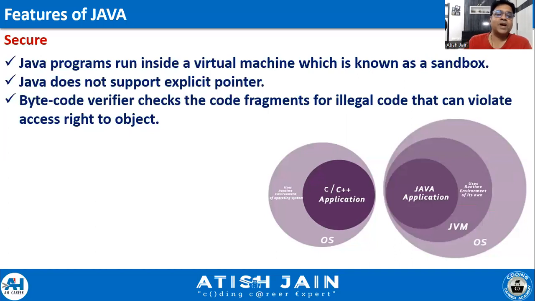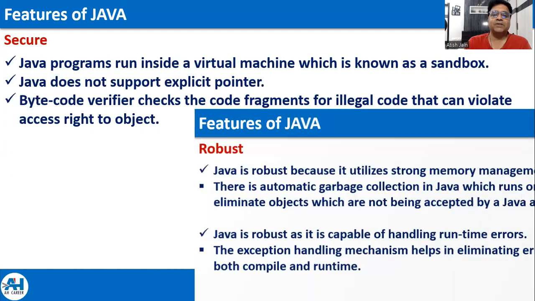And the bytecode verifier checks the code fragments for illegal code that can violate access rights to objects. Means the bytecode verifier is a program which is part of your JVM that keeps checking whether your code has correct syntax or not. If your code has any error, then immediately it will report it.